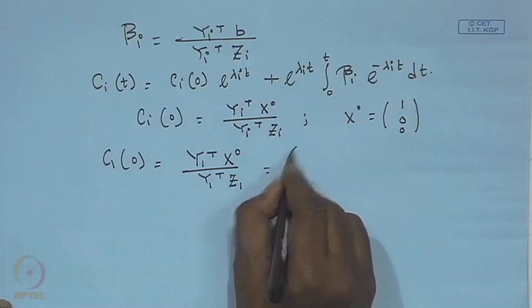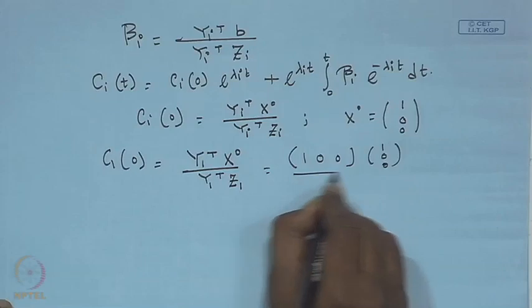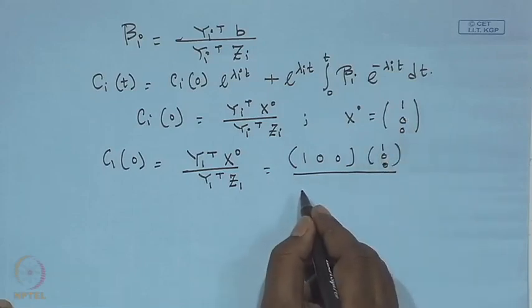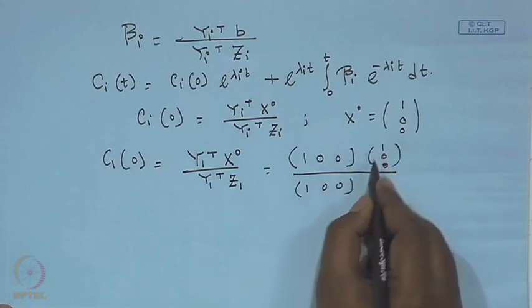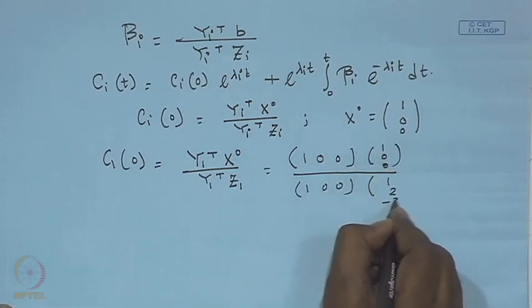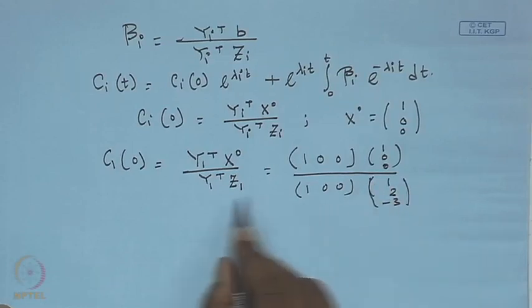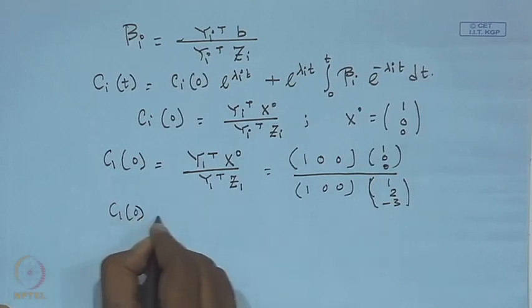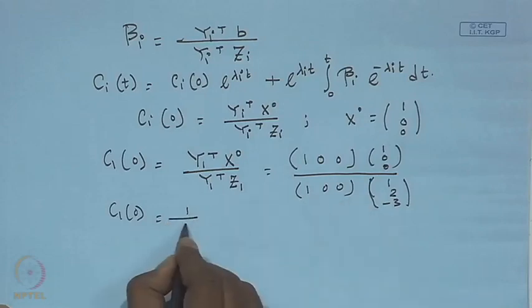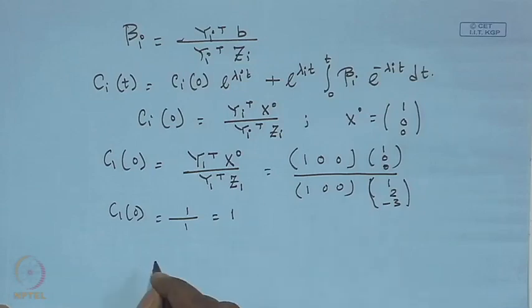So, this becomes [1, 0, 0] times the initial value vector [1, 0, 0], divided by [1, 0, 0] times z_1, which is [1, 2, -3], the first eigenvector of the matrix A. So, C_1(0) becomes 1 divided by 1, so it will become 1. All the other terms will be 0.